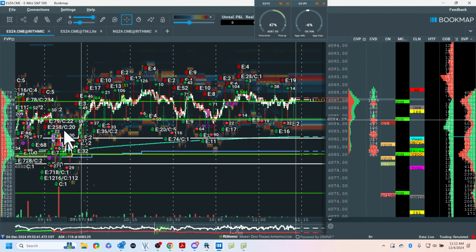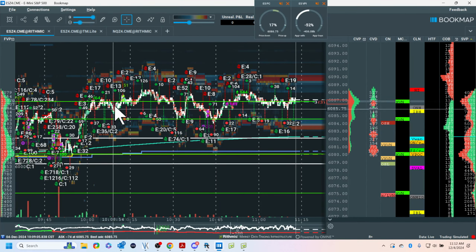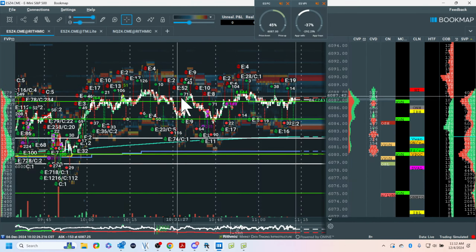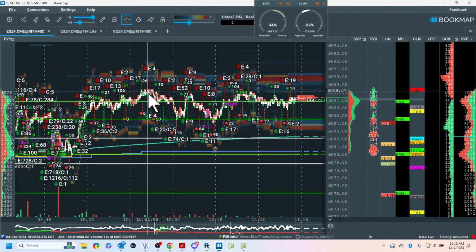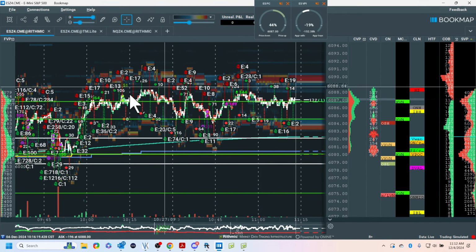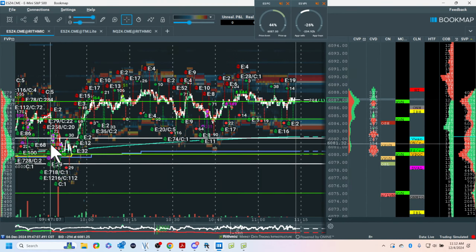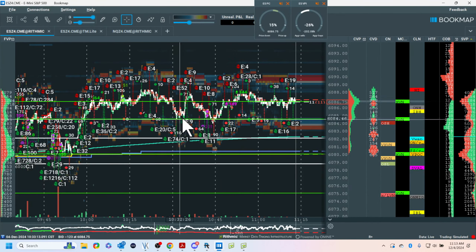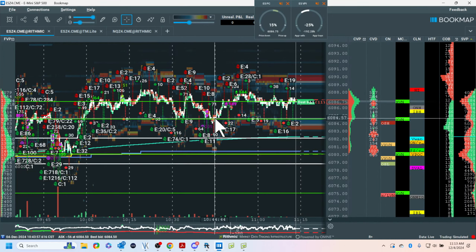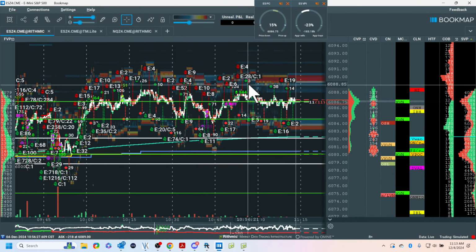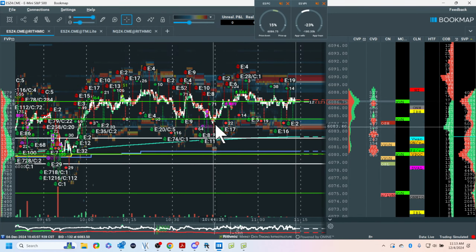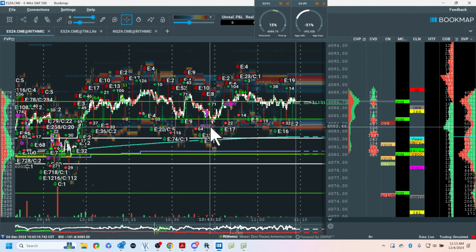So if you want to get long, if you think the trend is up, you would not be taking shorts. You'd be either exiting longs, or you'd be way out here, letting it counter rotate and then only taking longs, or using higher highs after you get a rotation for trade management.